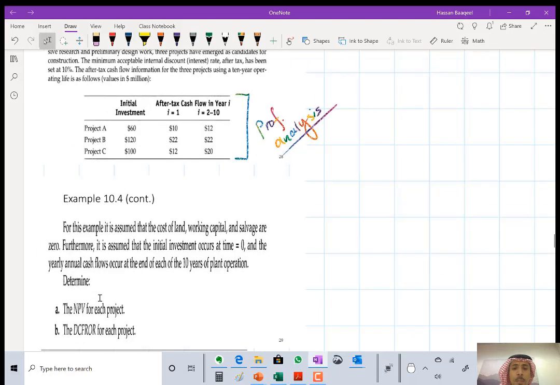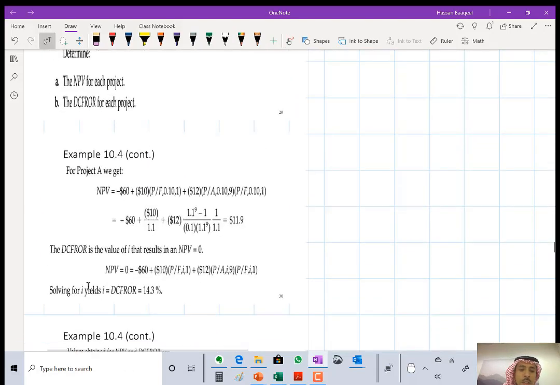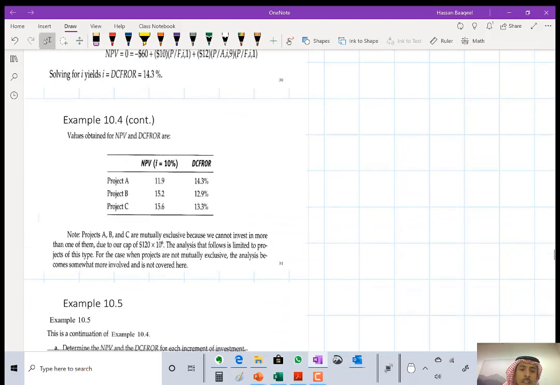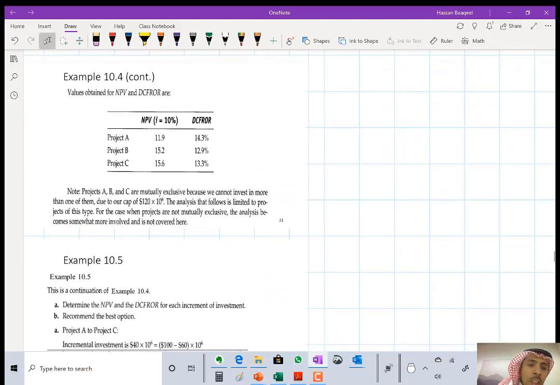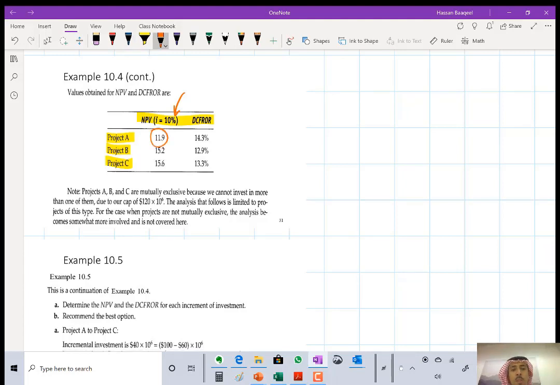We can proceed similar to the Excel sheet we've done, and these are the numbers we get. This is the table that you should focus on. You get your NPV based on your company's 10% discount rate. Your NPV is equal to 11.9 for the first project, 15.2 for the second project, and 15.6 for the third project. If you do the discounted rate of return, these are the numbers you come up with.